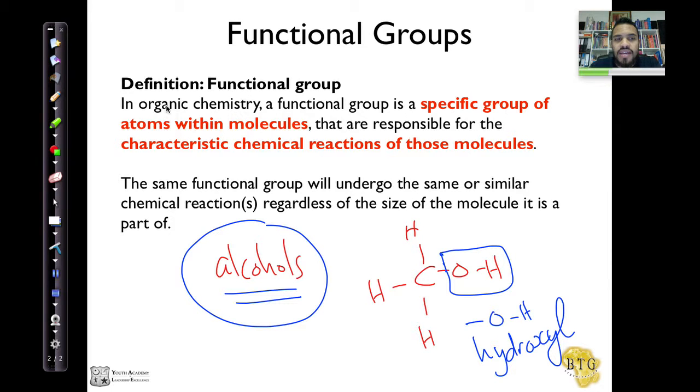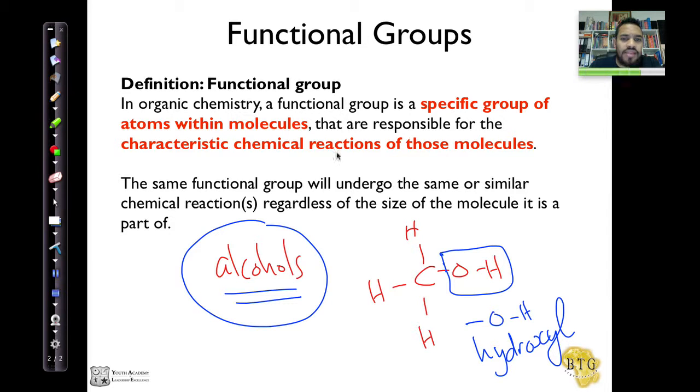In organic chemistry, the functional group is a specific group of atoms within a molecule. It can be even one atom, or a specific group of atoms like we have in this case, or it can even be a type of bond, like the double bond or triple bond that we will see in a moment. If that sounds foreign, don't worry too much.